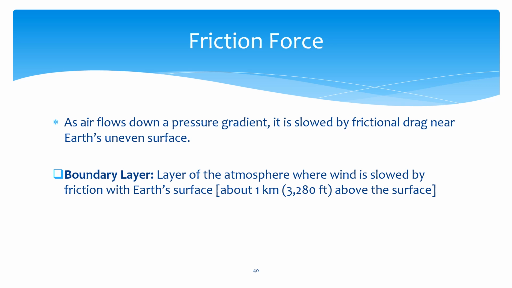You are probably familiar with friction. As the air flows down a pressure gradient from high to low, if it is flowing aloft, it's going to have a nice, relatively straight shot from high to low. It's not going to be stopped by anything because there's nothing in its way but air.